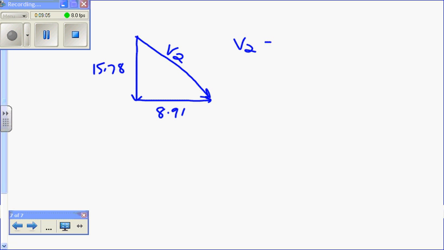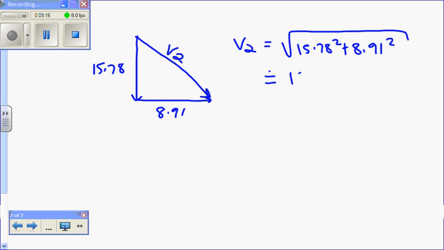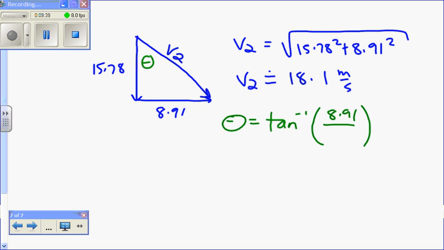So V2 is going to be the square root, and then find our angle theta using tangent. And the angle works out to 30 degrees approximately.